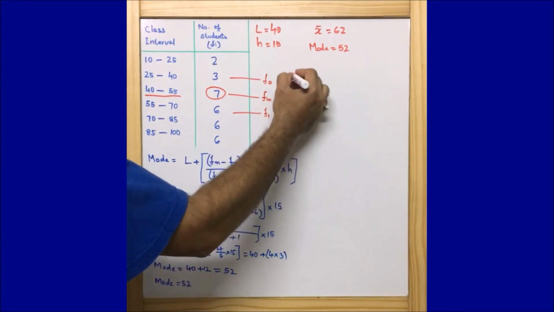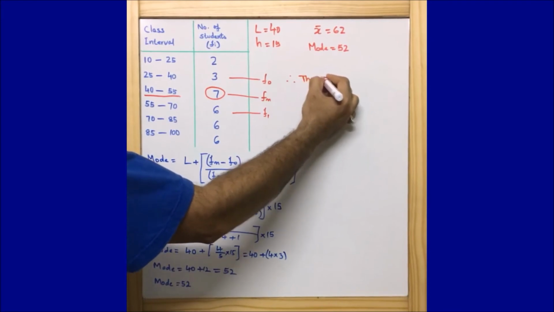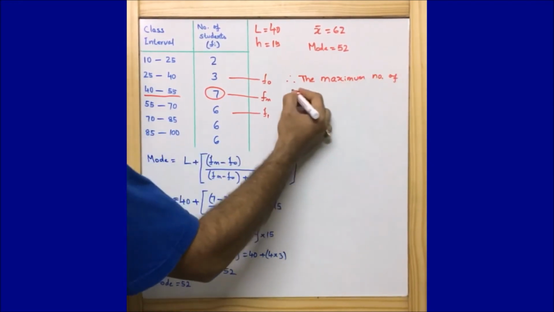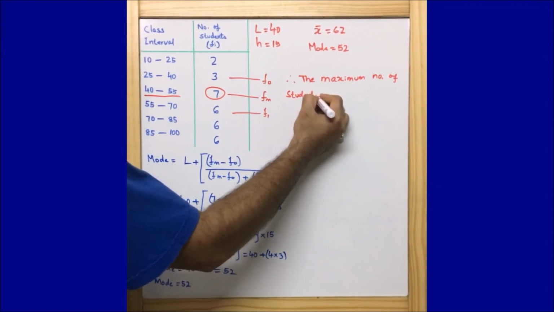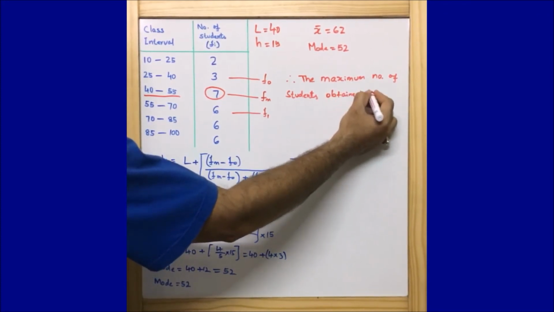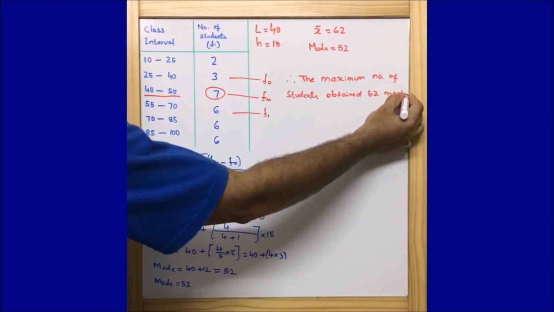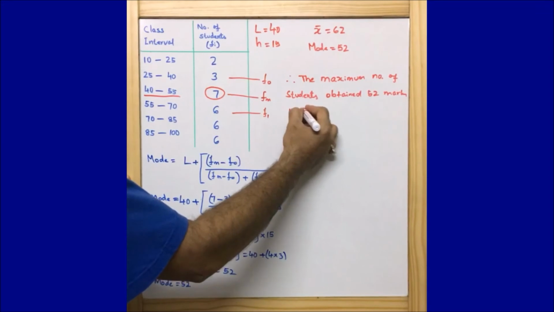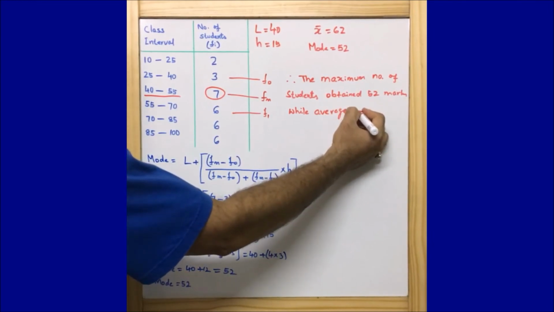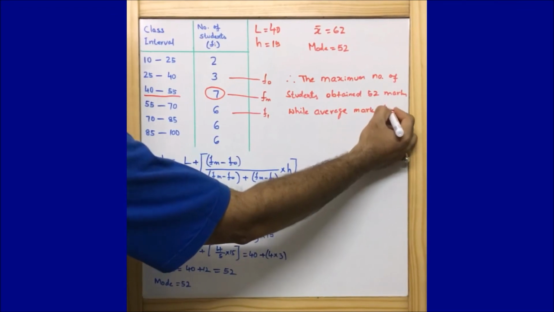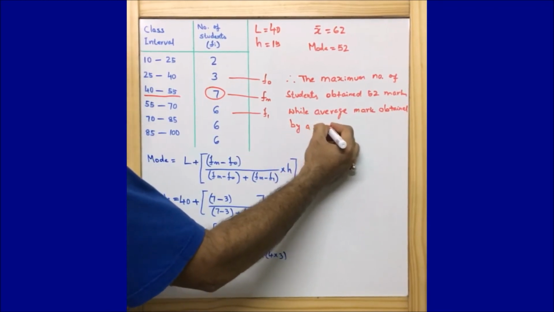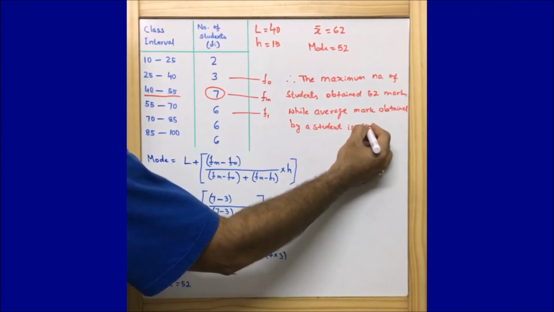Therefore, our interpretation is that the maximum number of students obtained 52 marks, while the average mark obtained by a student is 62, because we got the mean as 62.